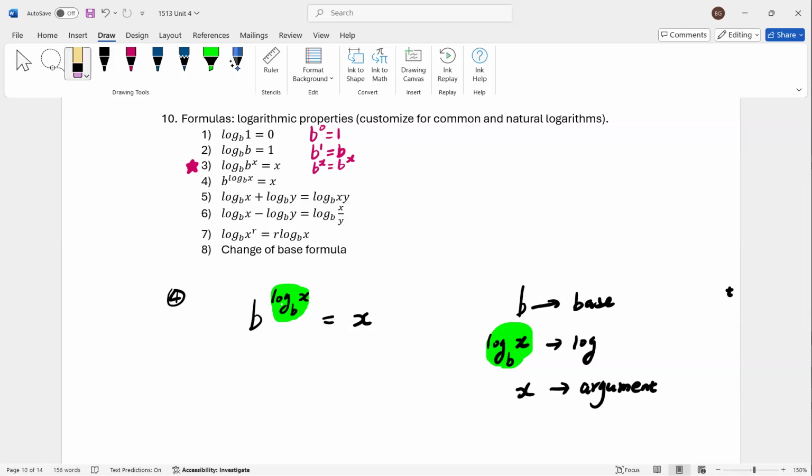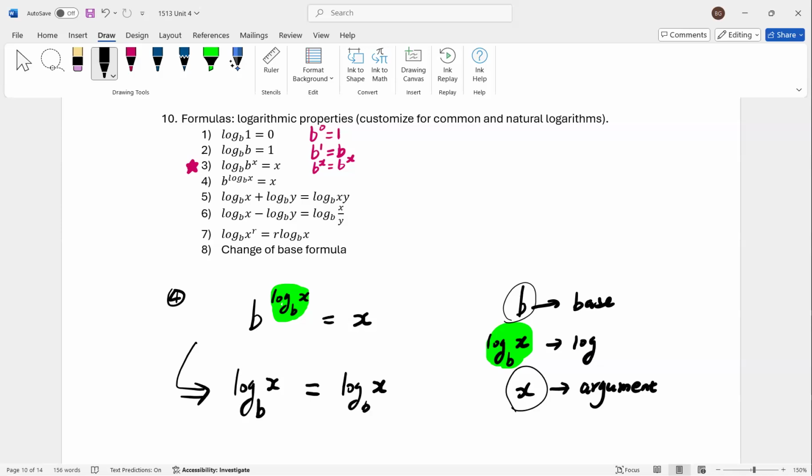With the 3 parts identified, let's convert the equation from the exponential form to its equivalent logarithmic form, okay? Log with base b, base is found as b. What's the argument? Argument is x, right? Equals what? Log. Log is the green. Log with base b, x.